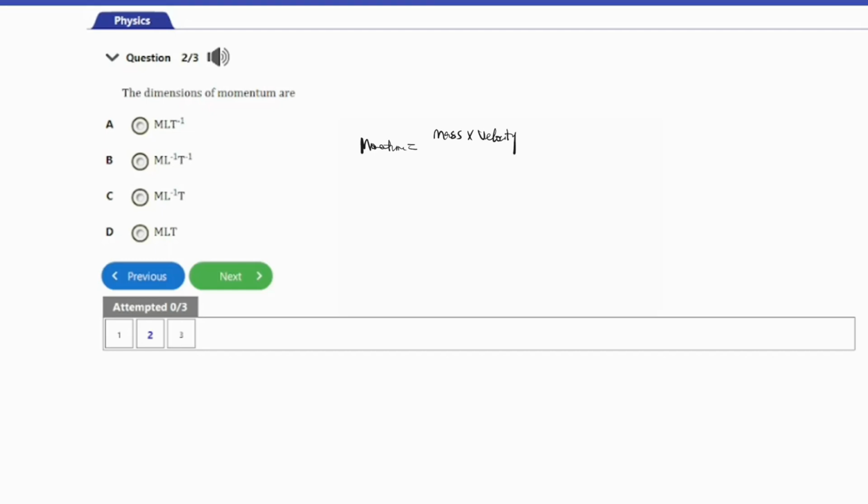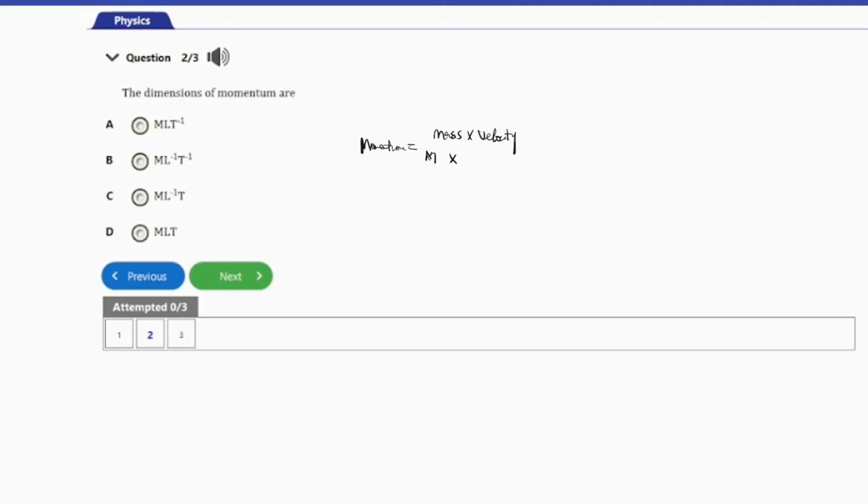So with this said, since momentum is mass times velocity, we have to obtain the formula for velocity, knowing that mass is just mass. There is no formula for mass. So we represent mass as m, and then we multiply it by the dimension for velocity.